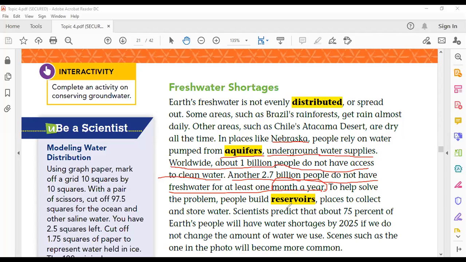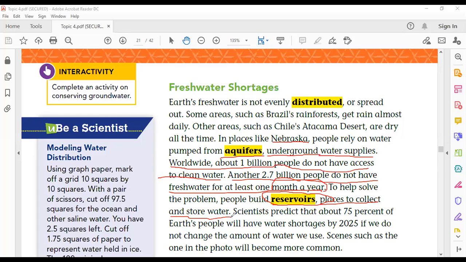To help solve the problem, people build reservoirs to store water. Reservoirs are places to collect and store water.